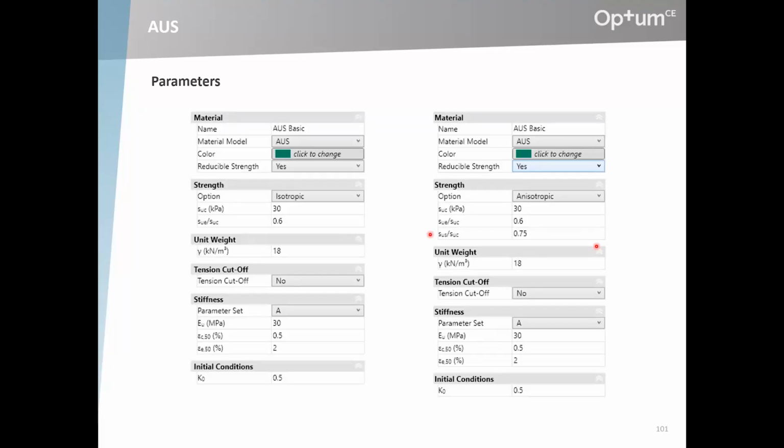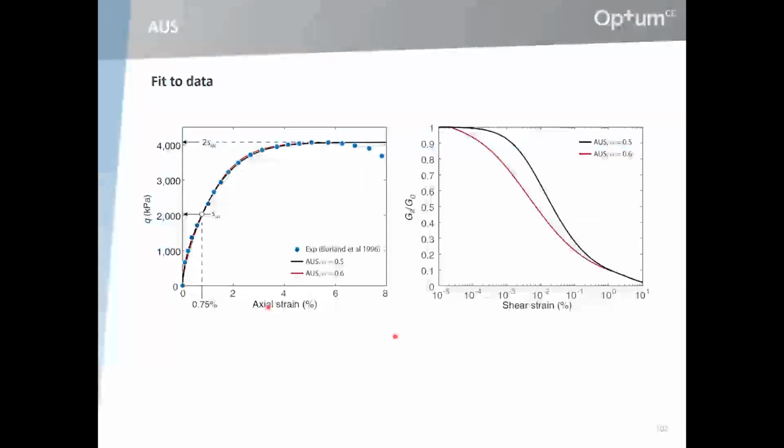That only relates to the strengths, and then the stiffness as well, an EU, or you could also use a G, an elastic parameter, and then the strain at half the strength in compression and the strain at half the strength in extension. The default parameter is a ratio of 4, which is typically something of that magnitude you see from test data.